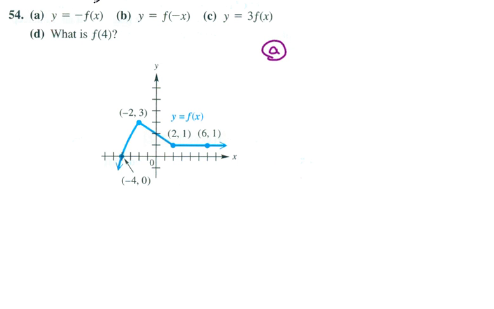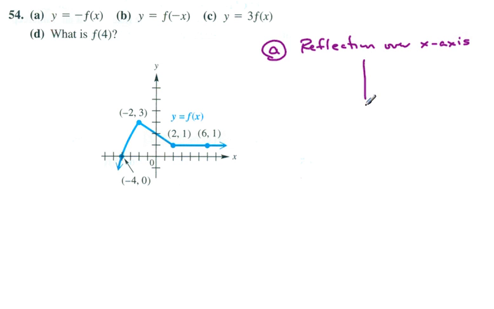I'm going to start off with A, and I can see that this is going to be a reflection over the x-axis based on the note sheet we just did. And I can see I'm going to do negative f of x. That means my y value, which is f, becomes negative. So my first point is not going to change.